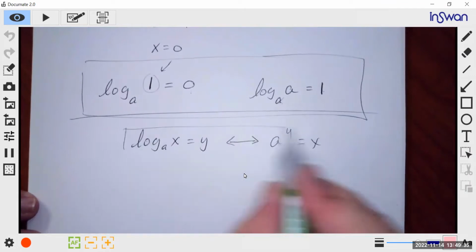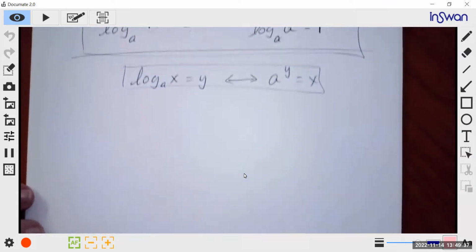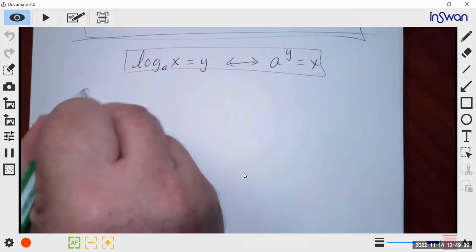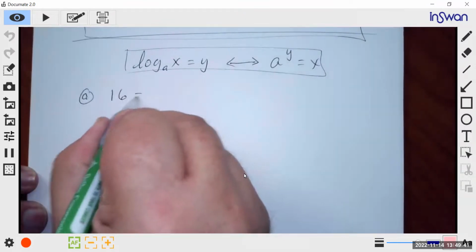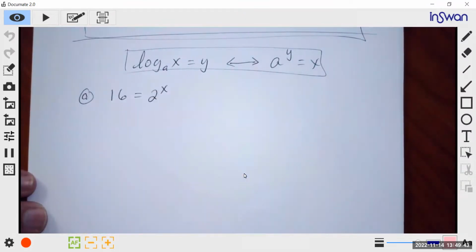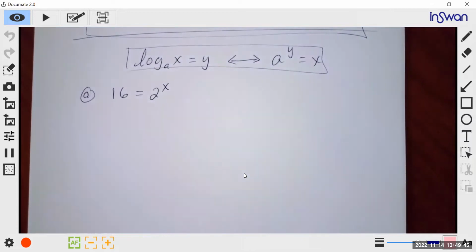Here's our conversion rule. Because now I'm going to give you this: 16 equals 2 to the x. Write that as a logarithmic equation. Well, first solve it, and then write it as a logarithmic equation.